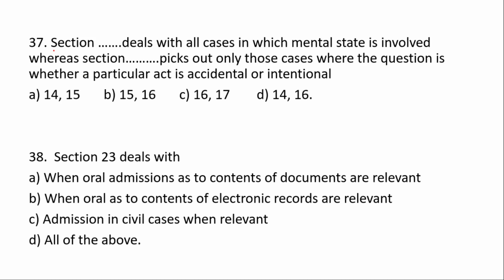Question number 37. Which section deals with all cases in which mental state is involved? Section 14 deals with all cases in which mental state is involved. That is why section 14 is called a general section.